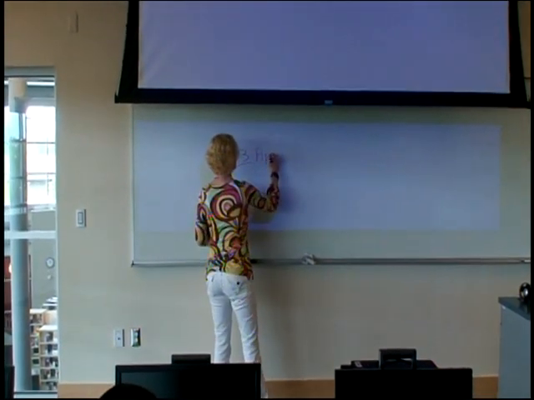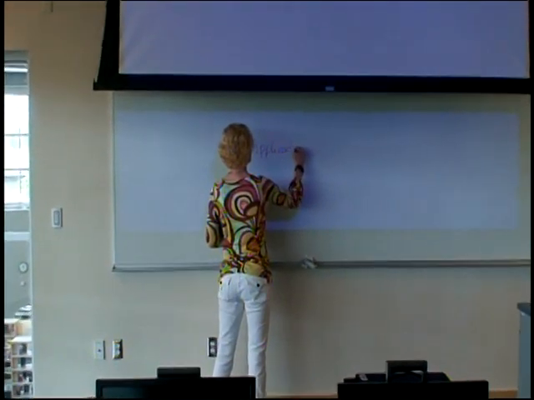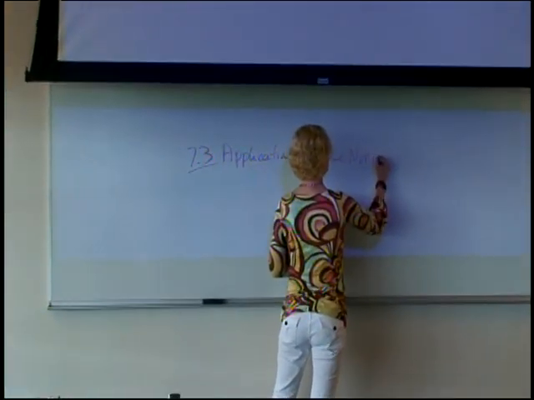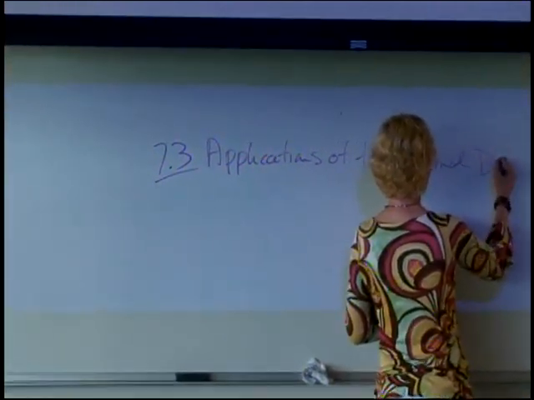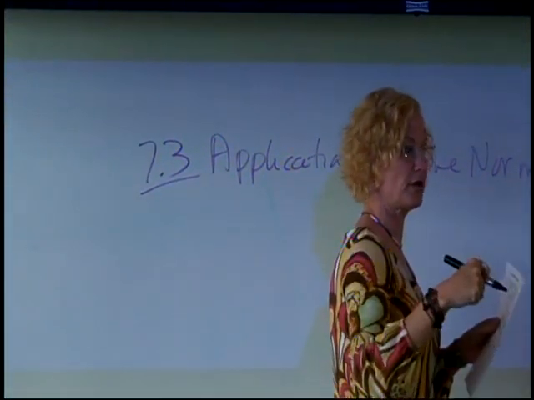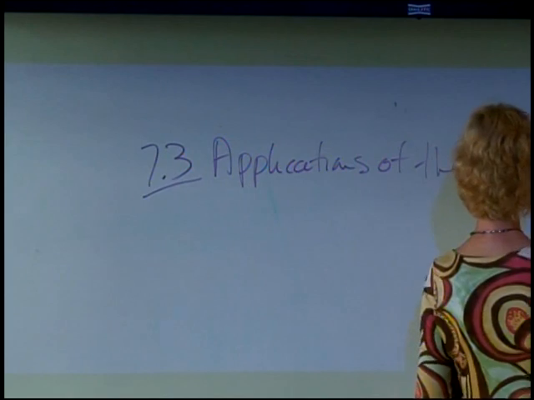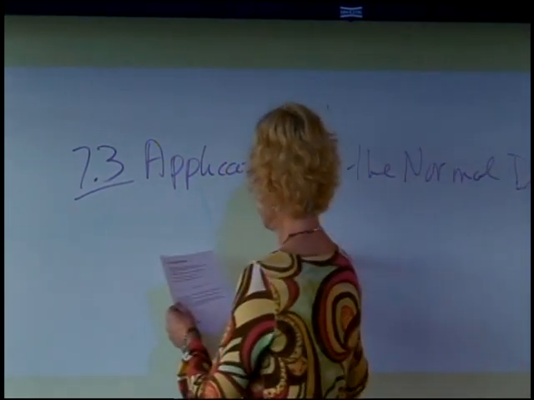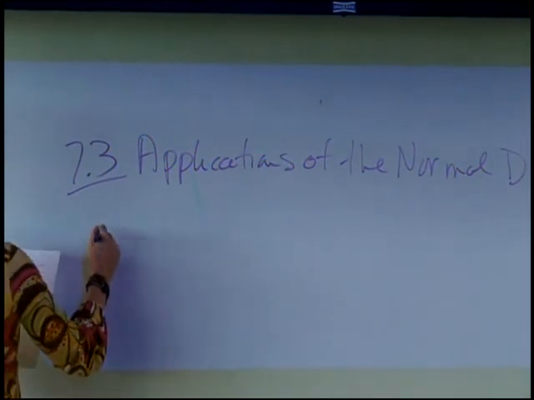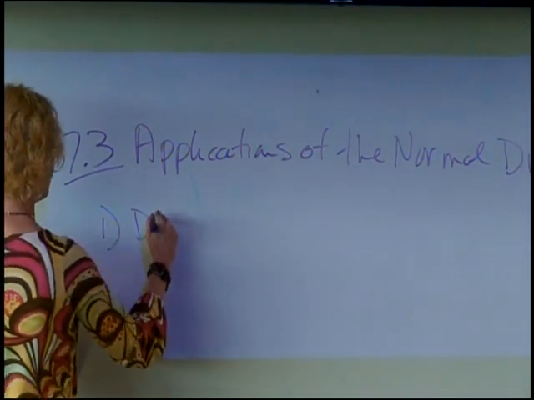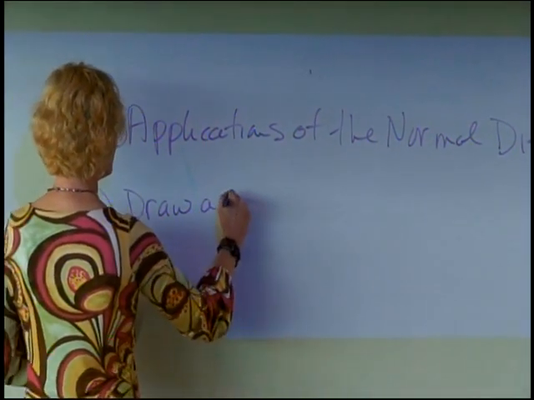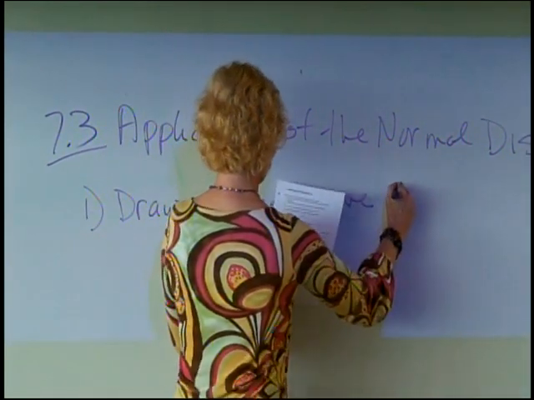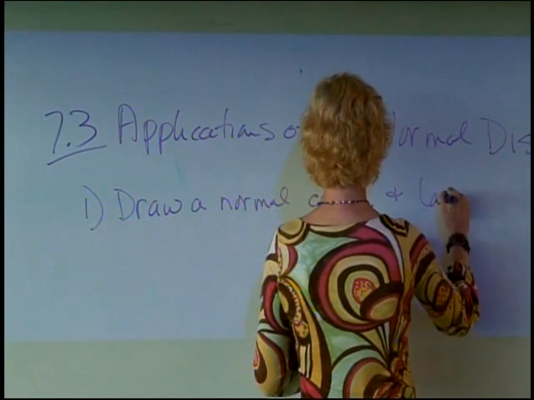It's applications of the normal distribution, and we're going to learn how to use our calculators to get the values. So the first thing we're going to do is draw a normal curve and label it with the given mean.